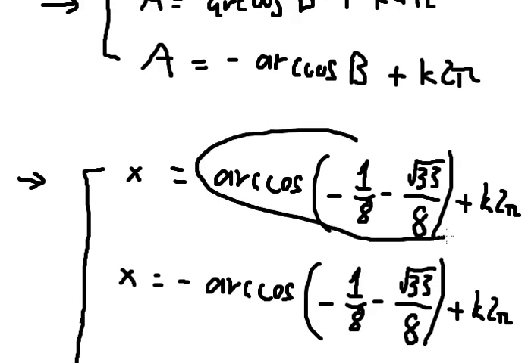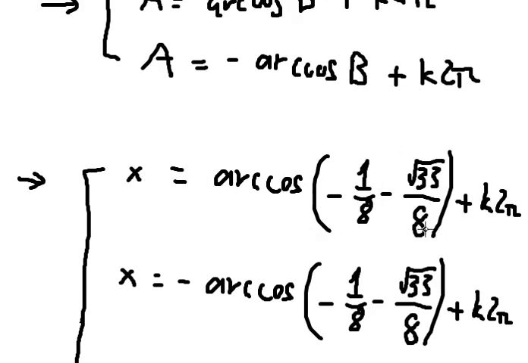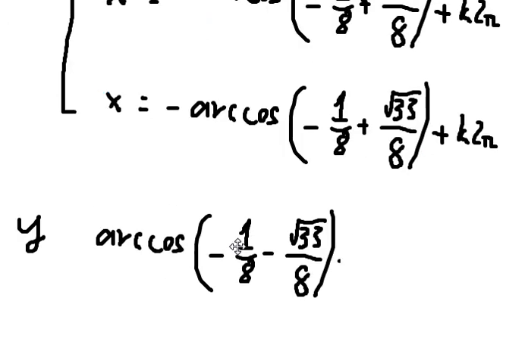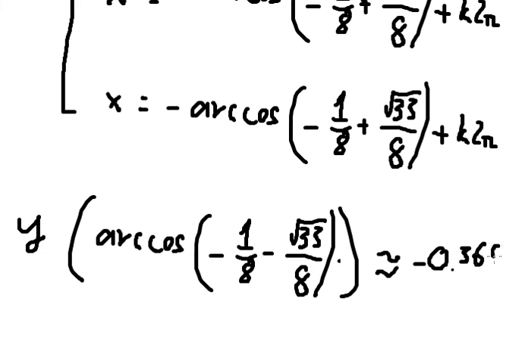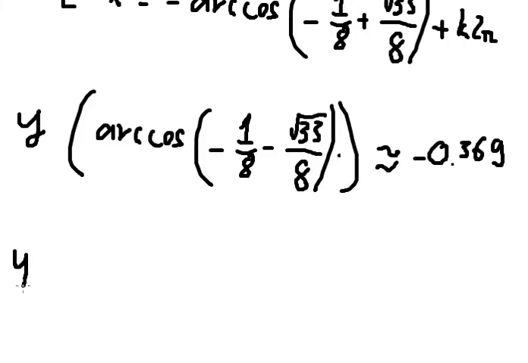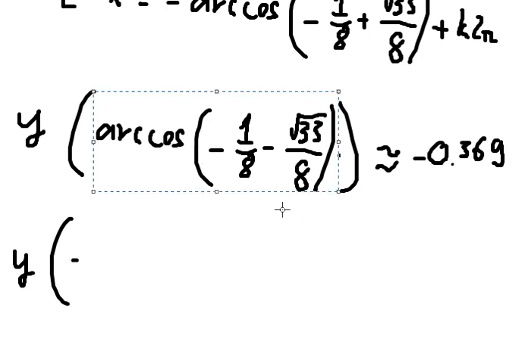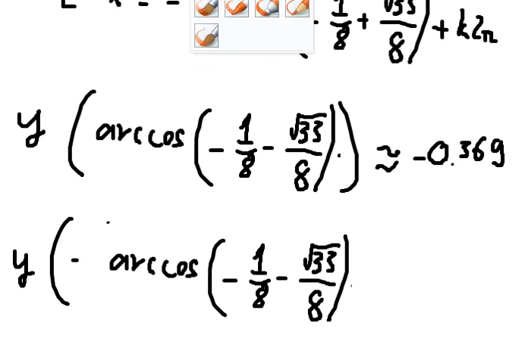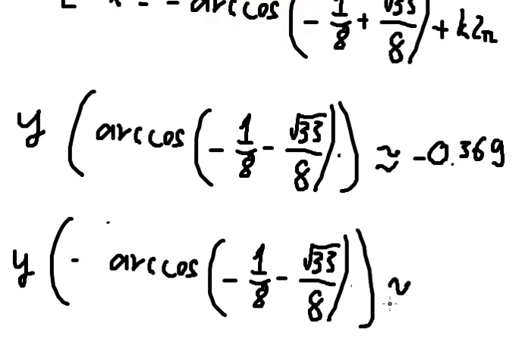When I put this one in, we have approximately negative 0.369. The next one we do the same, and this one is approximately 0.369.